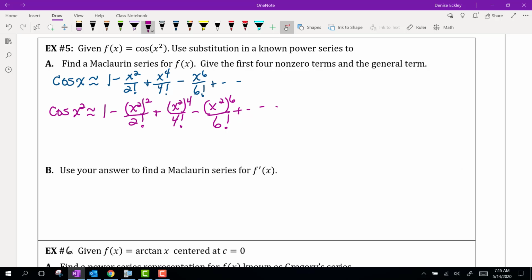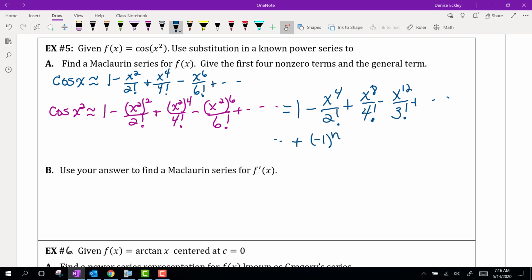So if we simplify this and make it look really nice, we're going to have 1 minus x to the 4th over 2 factorial plus x to the 8th over 4 factorial minus x to the 12th over 3 factorial, and moving on. This will give us a general term, I'll write more dots here, of our -1 to the n, and then we're going to have x to the 4n, and that's all over 2n factorial. So there's our answer right here.